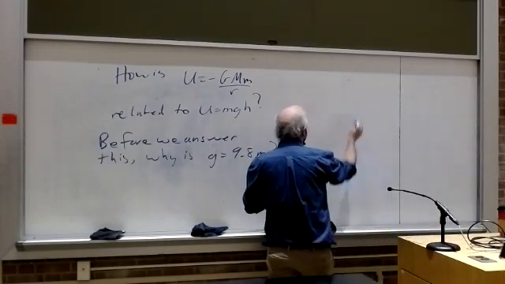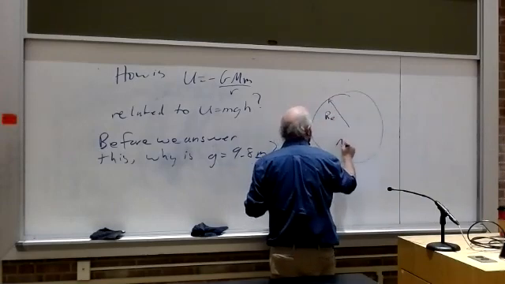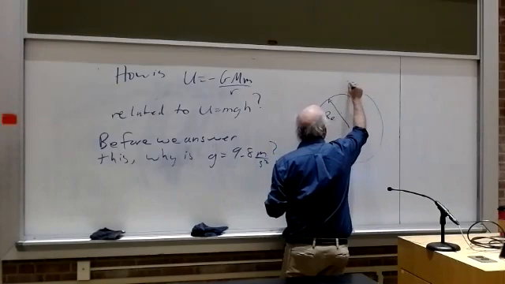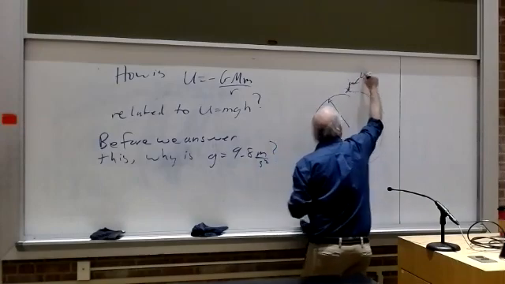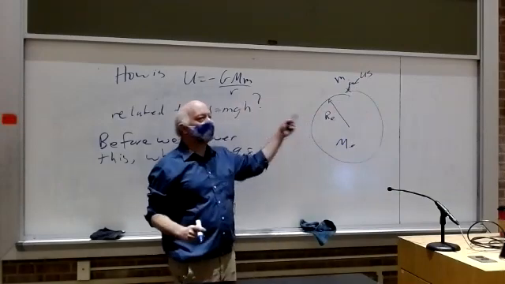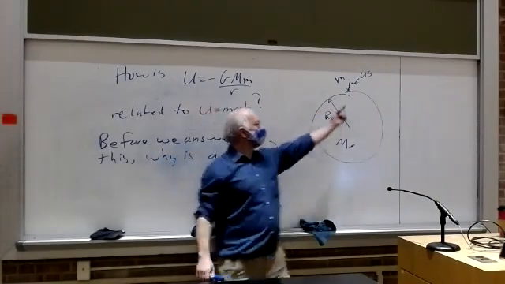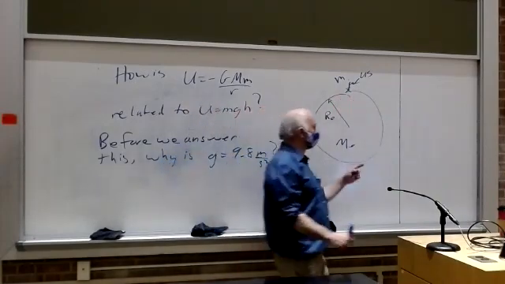So here's the Earth, and here we are. We have a mass m. If I had to draw the free body diagram for this, what is it?